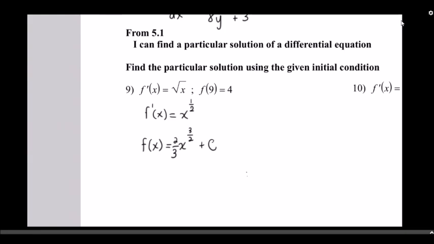When x equals 9, then f of x is equal to 4. So just replace it. 4 is equal to 2/3 times 9 to the 3/2 plus c. Now c is the only unknown. So 9 to the 3/2, first we deal with the bottom number of that rational exponent.